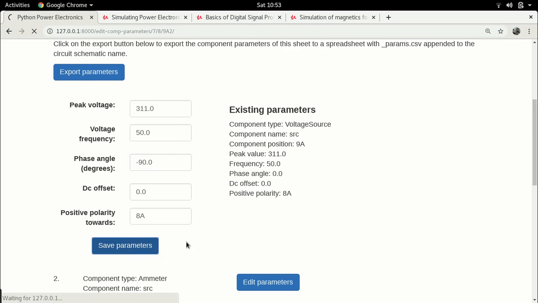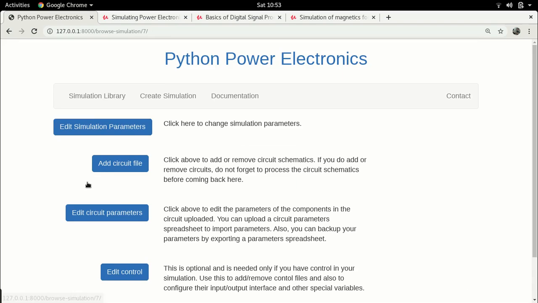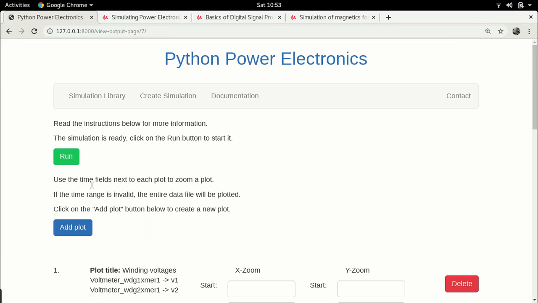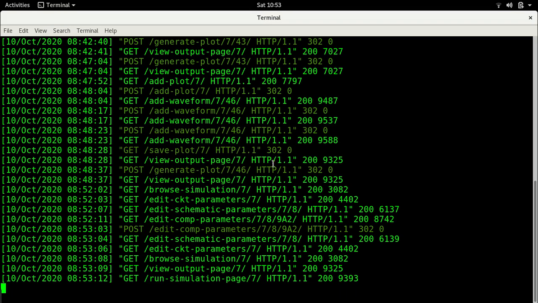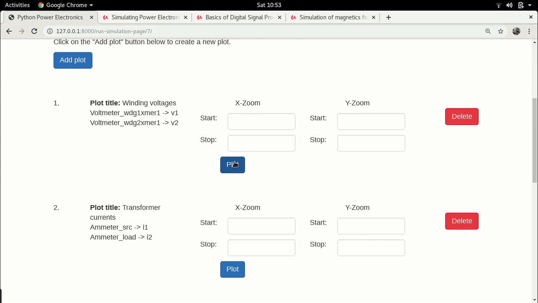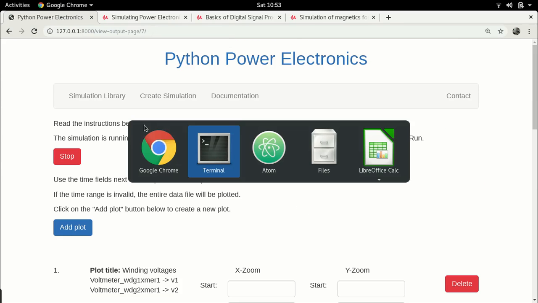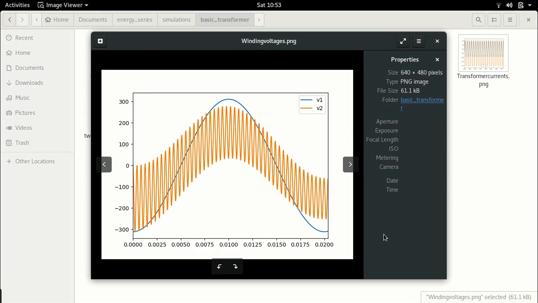So let me save this and let me go back and run the simulation. If I click on the run button, always check if there is an error. There is no error, so we are okay. And let's click on the winding voltages, and we see a very interesting result.